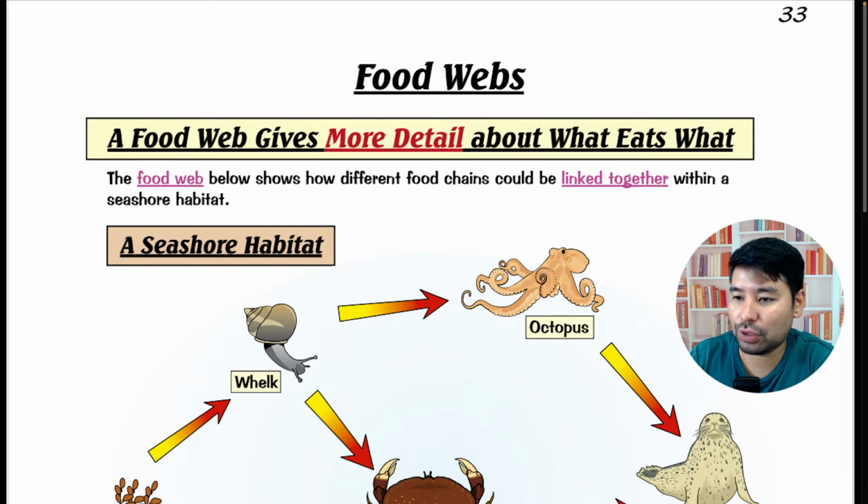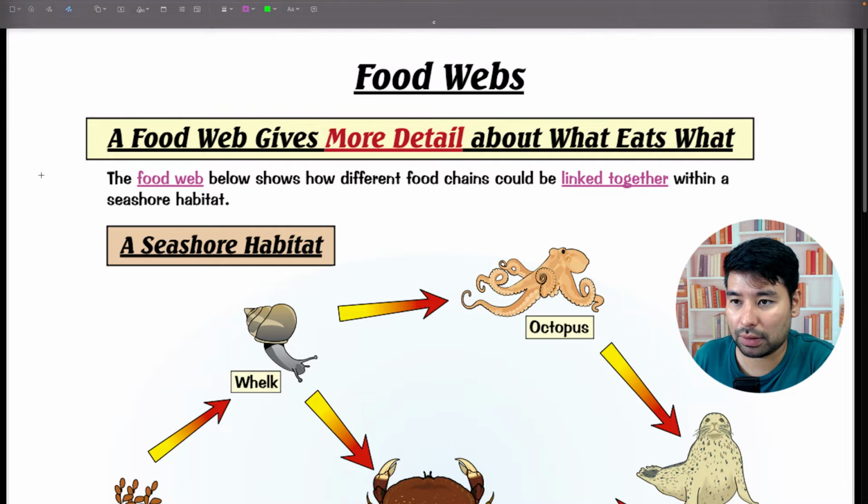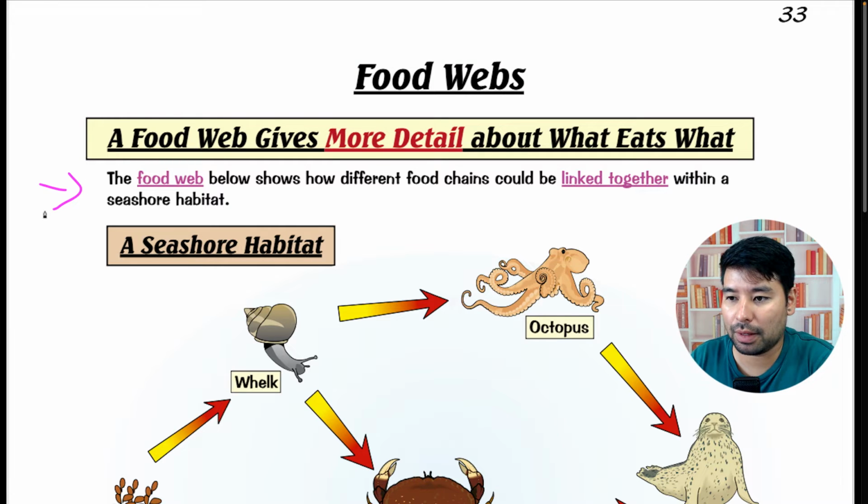So, let's read here. We have this information. The food web below shows how different food chains could be linked together within a seashore habitat. Again, the food web below shows how different food chains could be linked. In this one, I'm going to give you some Portuguese words because you have to understand that.